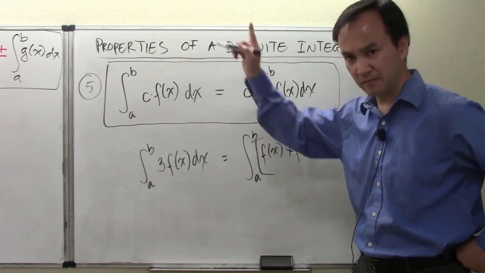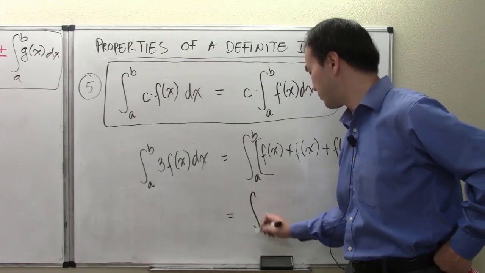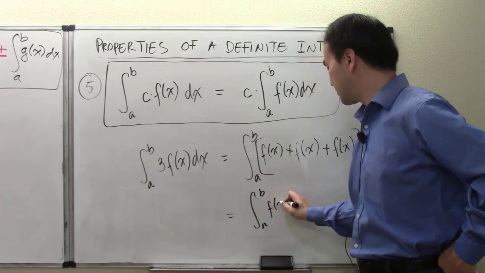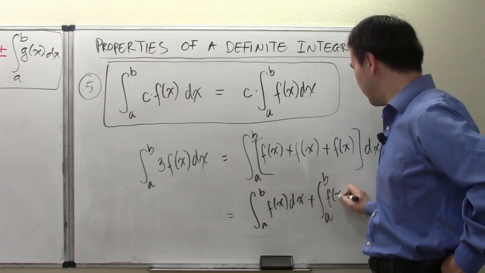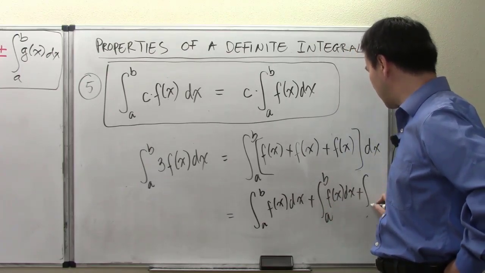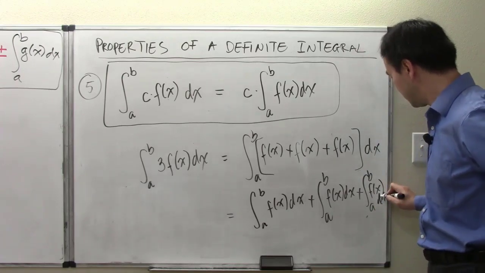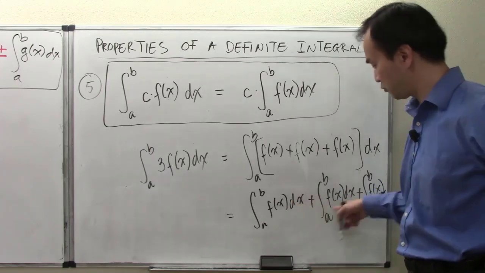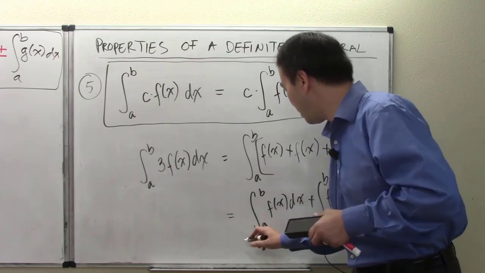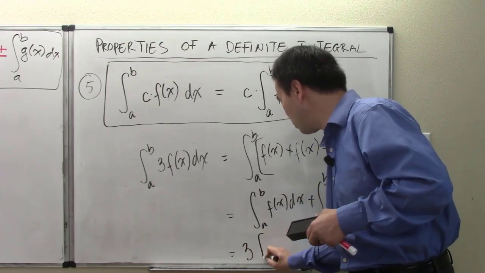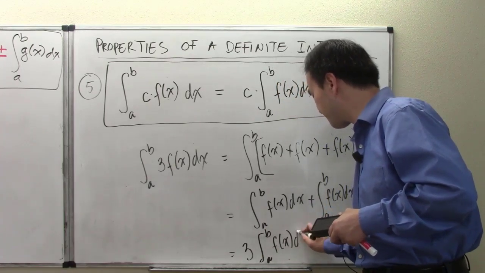With the sum and difference rule we just learned prior to this one, we can separate it into one integral accumulating from a to b on f of x, plus another integral accumulating from a to b on f of x, and the third one here, with the dx. With 3 of them being identically the same, we have our reason to call this 3 times one integral accumulating from a to b, but we triple it.